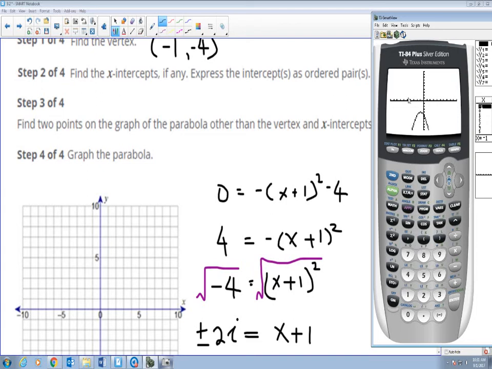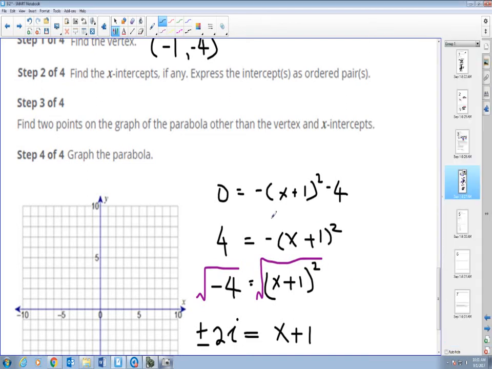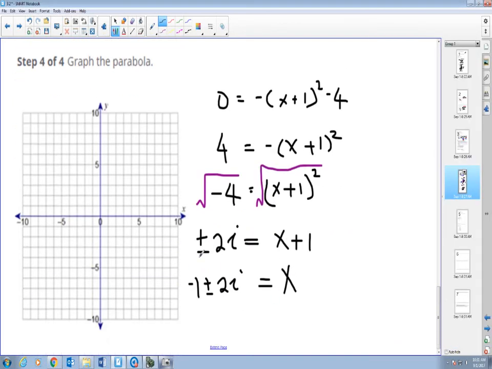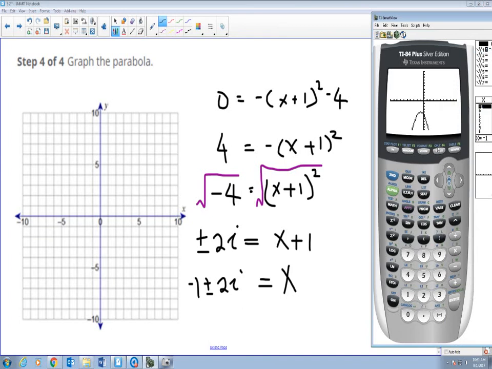Did it ever cross over the x-axis? Nope. It never crossed over the x-axis because my answer here, when I'm solving for the x-intercept, I end up with an i. i is an imaginary number, where it does not exist on the real number line, and that shows right here that this graph never has any x-intercept.